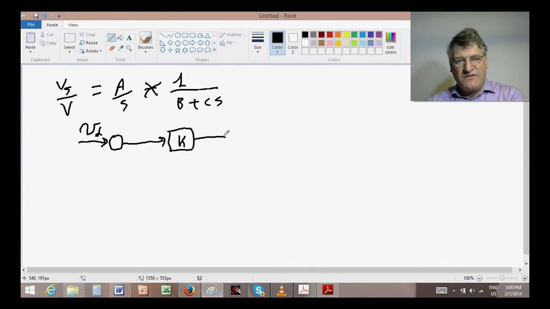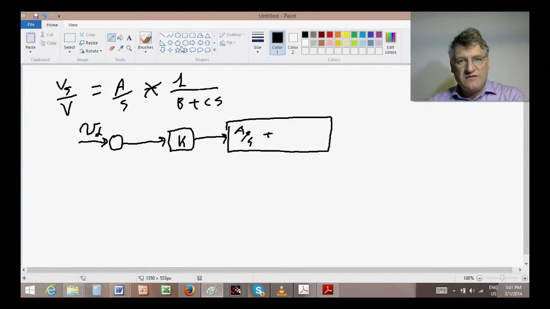We have the system, the plant, which we're going to write as A over S times 1 over B plus Cs.